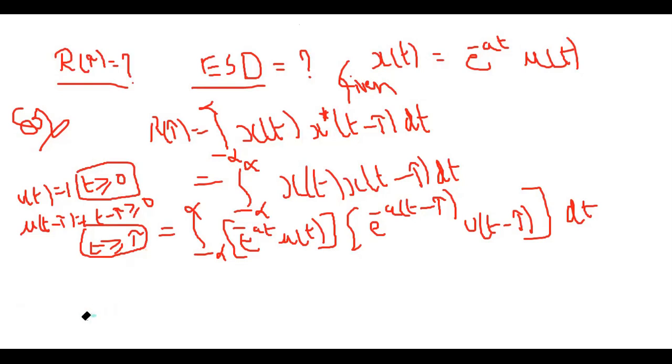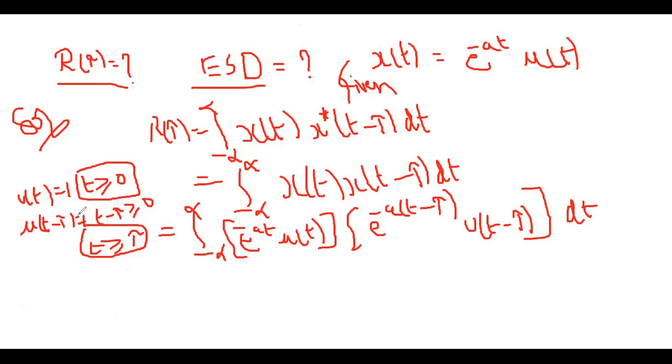So using these two relations, you can write the combined relation: t greater than or equal to 0 and t greater than or equal to tau, so it becomes tau to infinity.